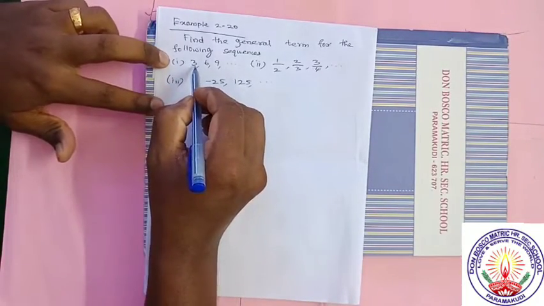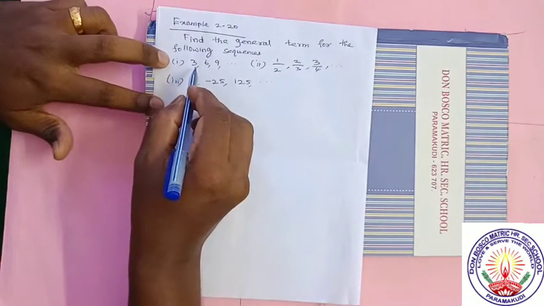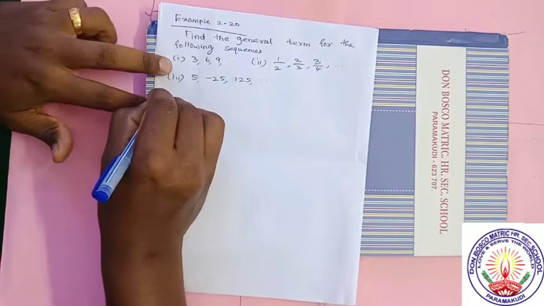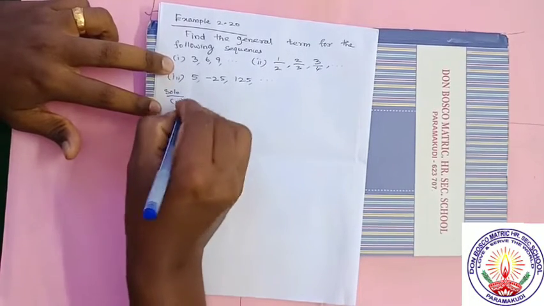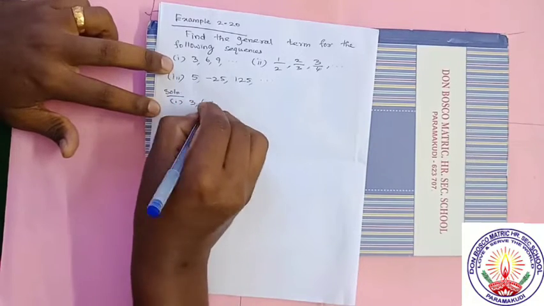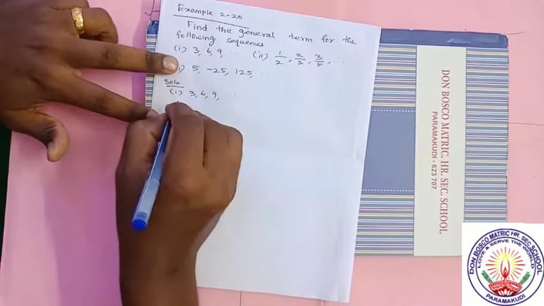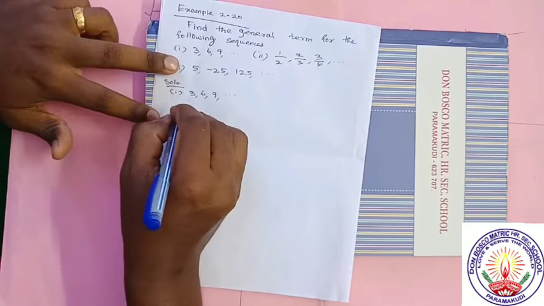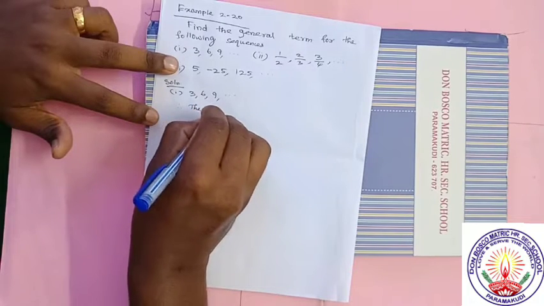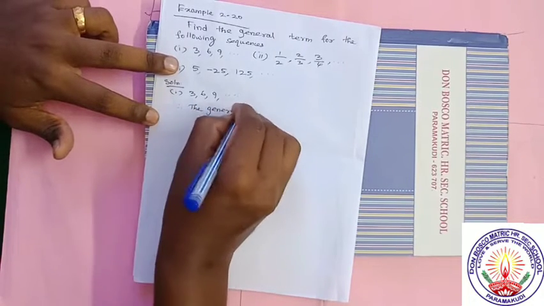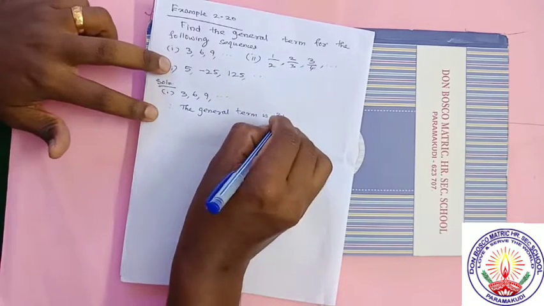The first example: 3, 6, 9, etc. These are the multiples of 3. So, solution, first question: 3, 6, 9, etc. These are the multiples of 3. Therefore, the general term for multiples of 3 is 3n.